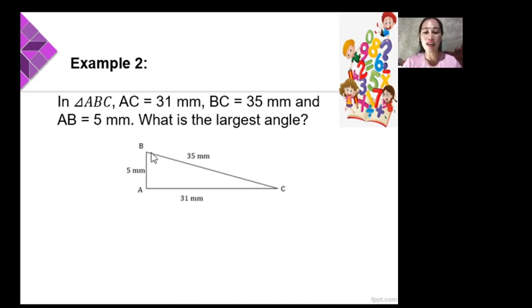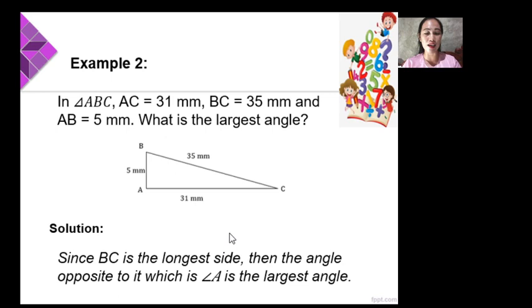The longest side is side BC. Therefore, the largest angle should be angle A because it is the angle opposite the longest side, which is side BC.